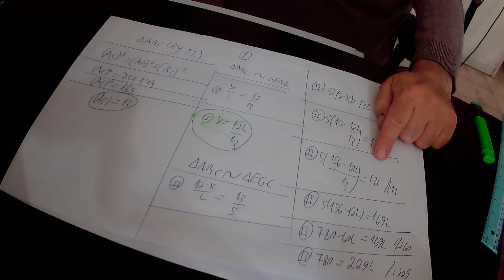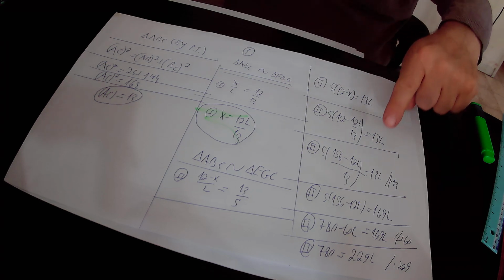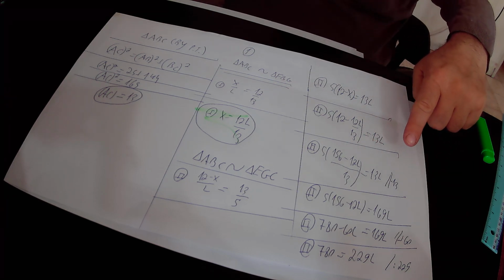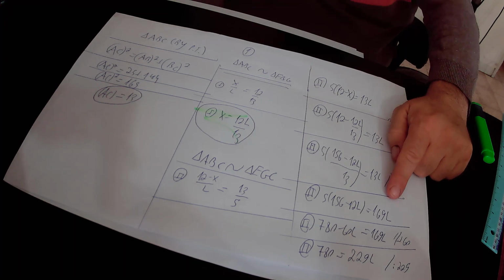Here we multiply equation 2 by 13 and find that 5 times 156 minus 12L equals 13 times 13L, which is 169L.